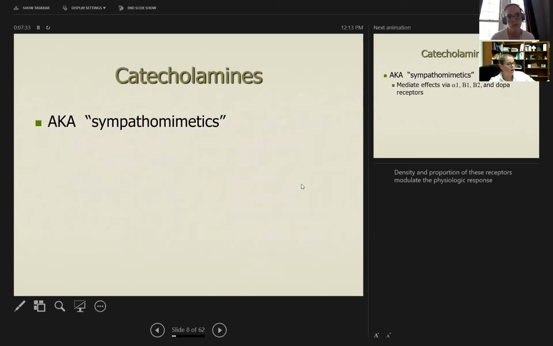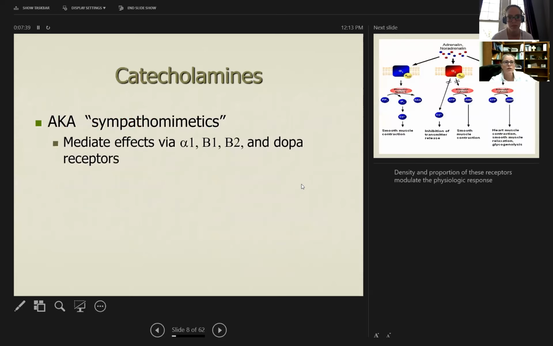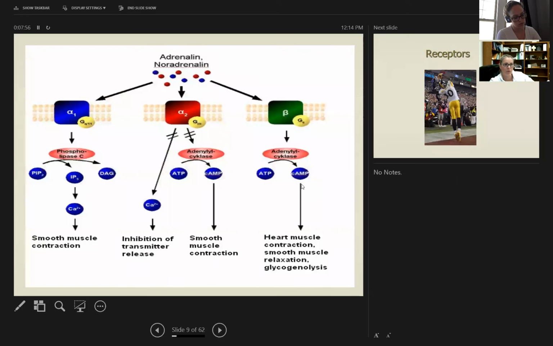So when we think about our catechols or our sympathomimetics, they're going to mediate their effects via 4 different types of receptors: the alpha-1, beta-1, beta-2, and dopaminergic receptors. The density and the proportion of all of these receptors are going to modulate the physiologic response, right?